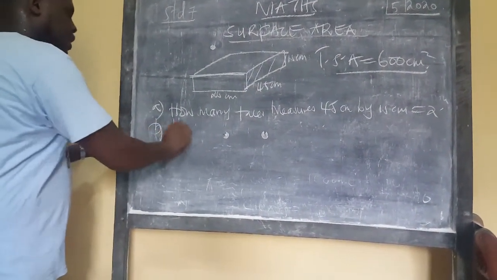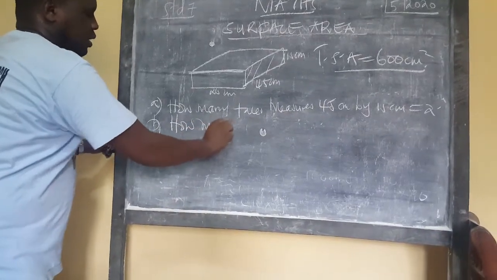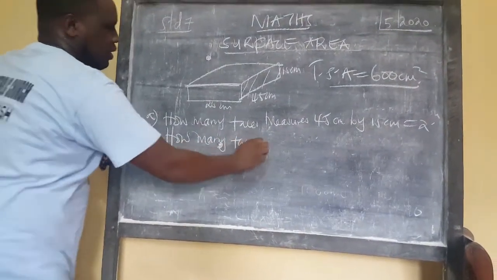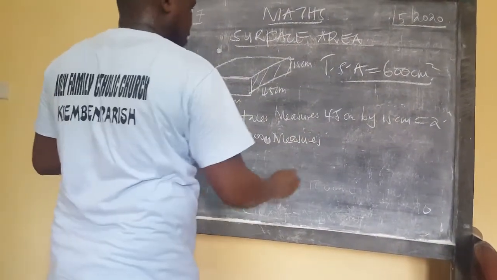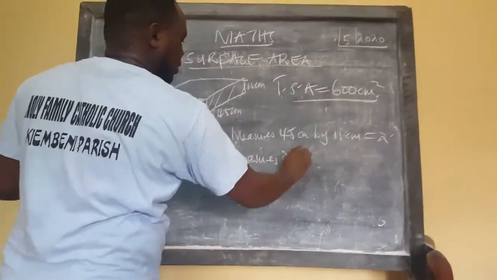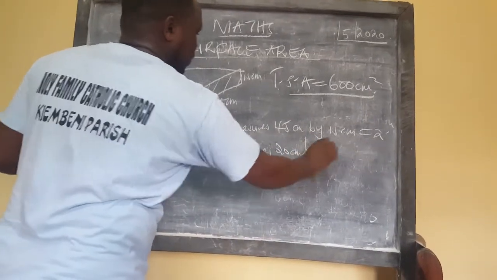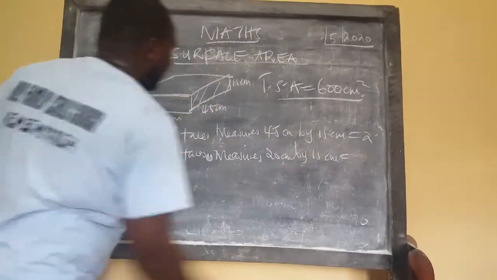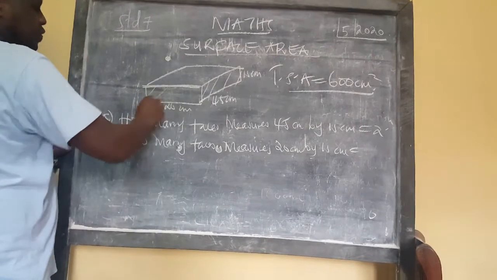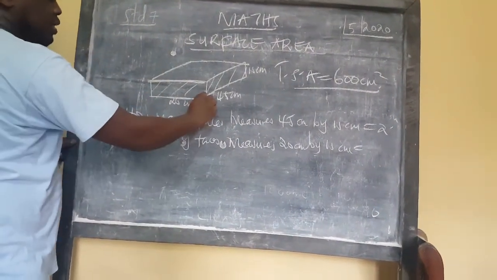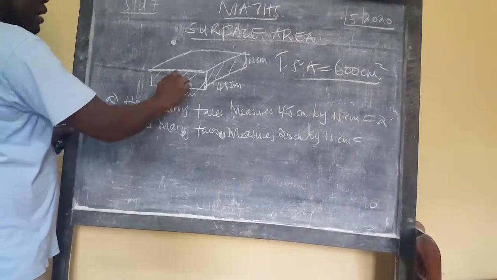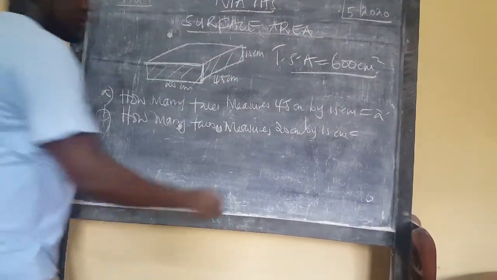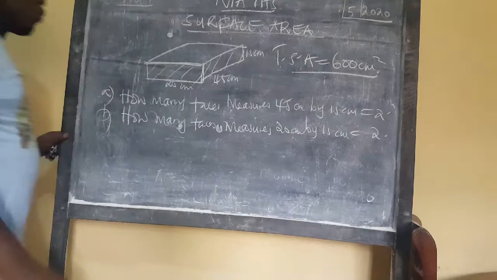B, how many faces measure 20 centimeters by 15 centimeters? 20 by 15, this is the face we are talking about, with this height. So there is 1, and on the other side we have another one. So they are going to be 2 faces.